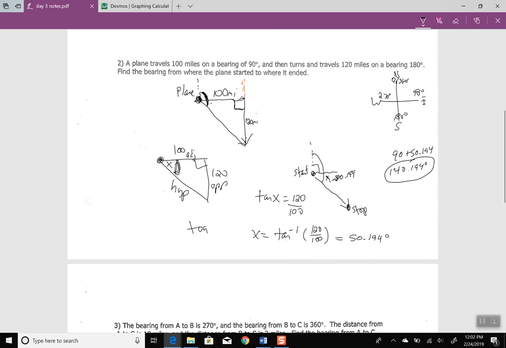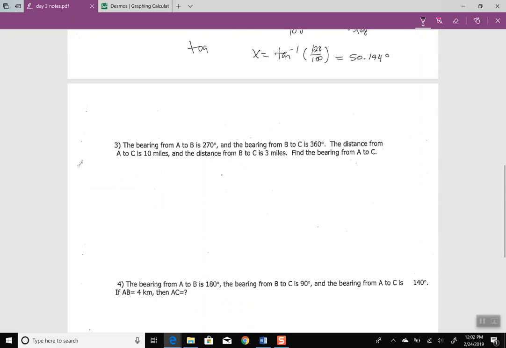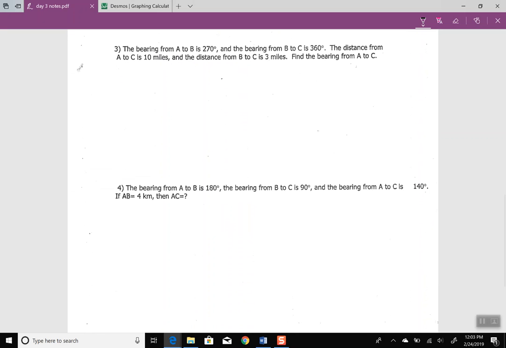All right, number 3. The bearing from point A to point B is 270 degrees. So let me just start out. I got a point A, and I'm going to point B. So again, 0, 90, 180, 270.